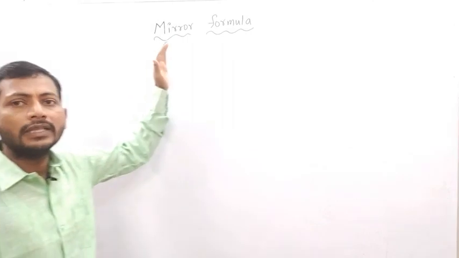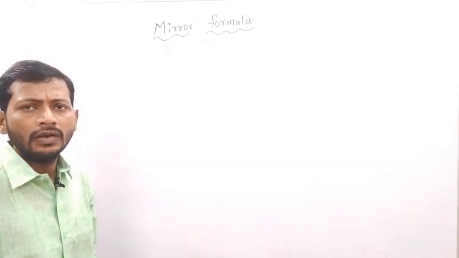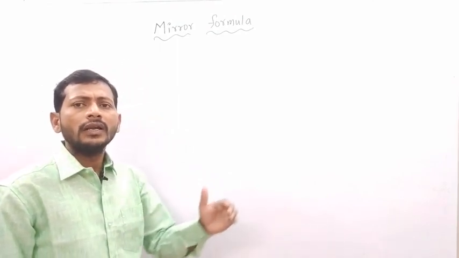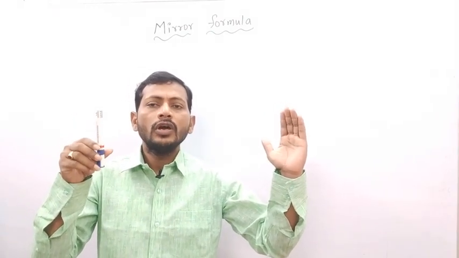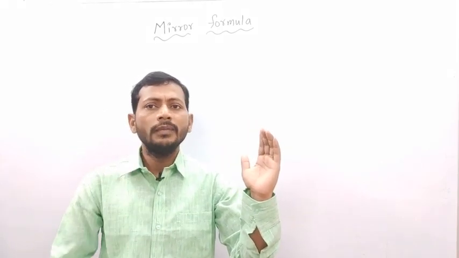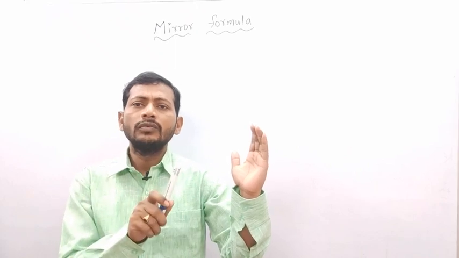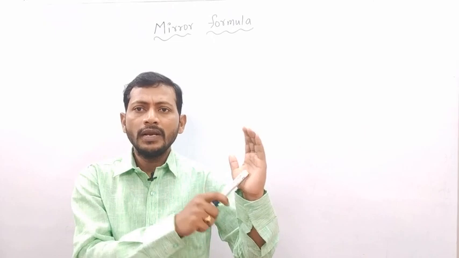Sir, what is meant by the mirror formula? I am going to say like this children, when you discuss the mirror, I take one mirror and keep one object in front of it, and it gives an image. So one object, one image and one mirror are there.